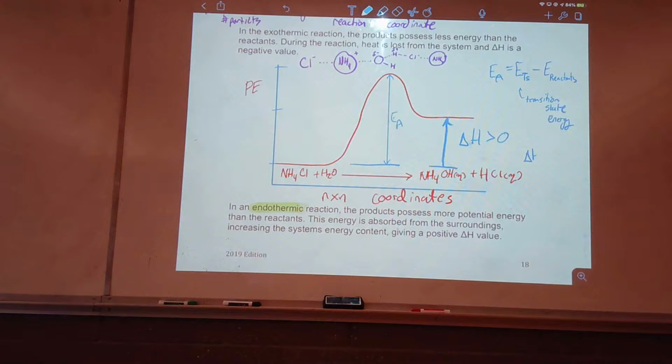Delta H is simply the difference between the energy of the product minus the energy of the reactant. Use whatever words you want.